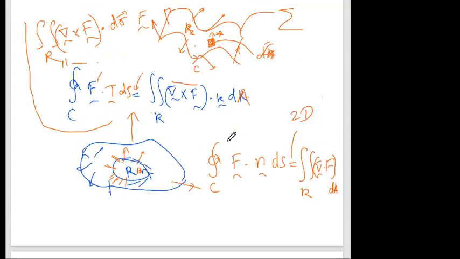Now we consider a surface. So this is sigma, the surface, and your vector field is also three-dimensional, right? And your curve boundary is also in three-dimensional space.